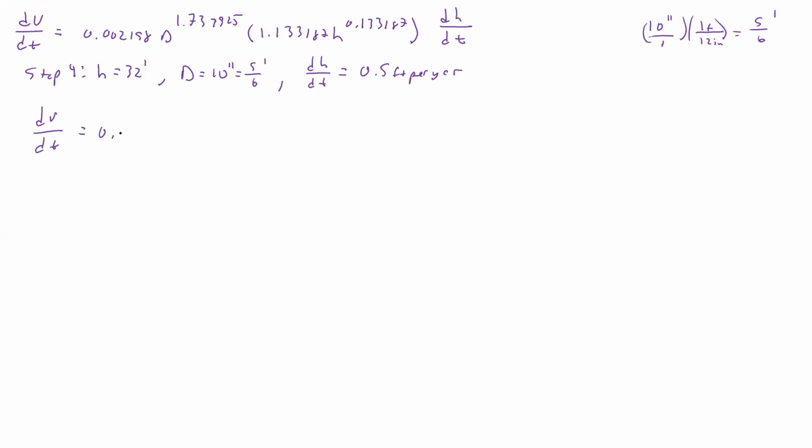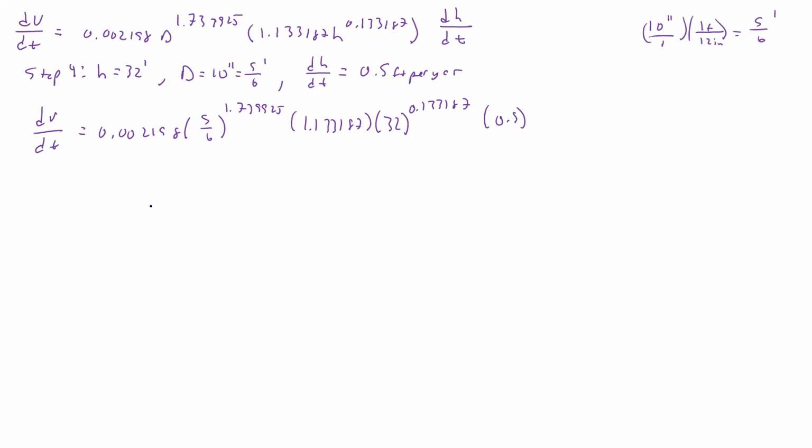Okay, so we have all this again. And D is 5/6 to the 1.739925, and this is H, 32, to the 1.133187, and then times the rate here, which is 0.5.